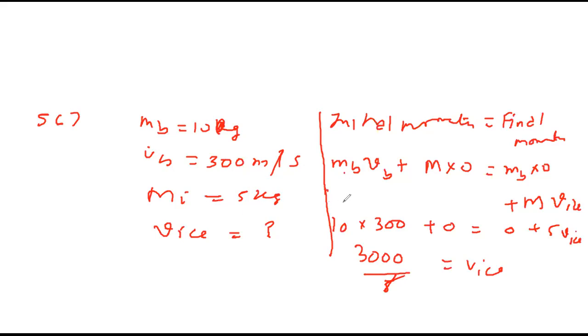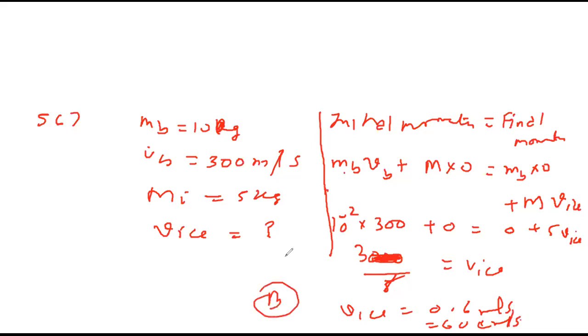So 10 gram means it will become 10 raised to minus 2 kg. So it will be 3 by 5. That is, the velocity of ice is 0.6 meter per second, 60 centimeter per second.